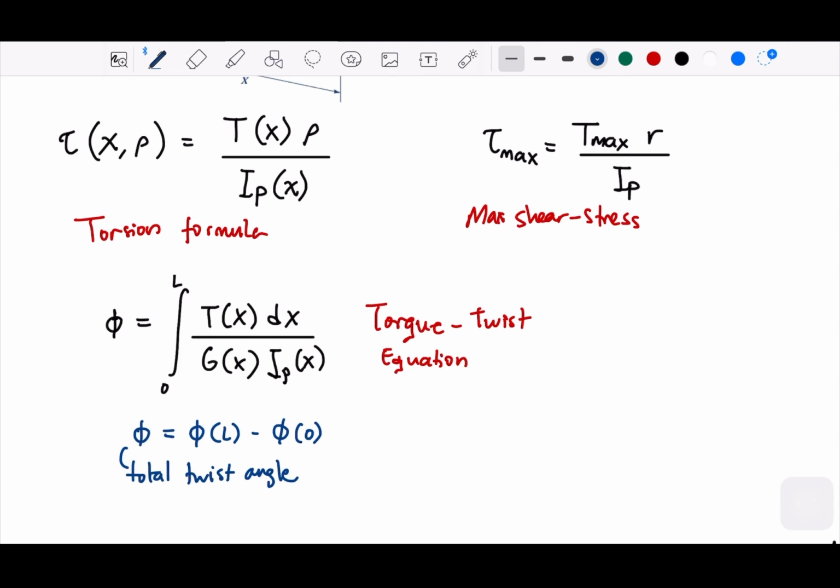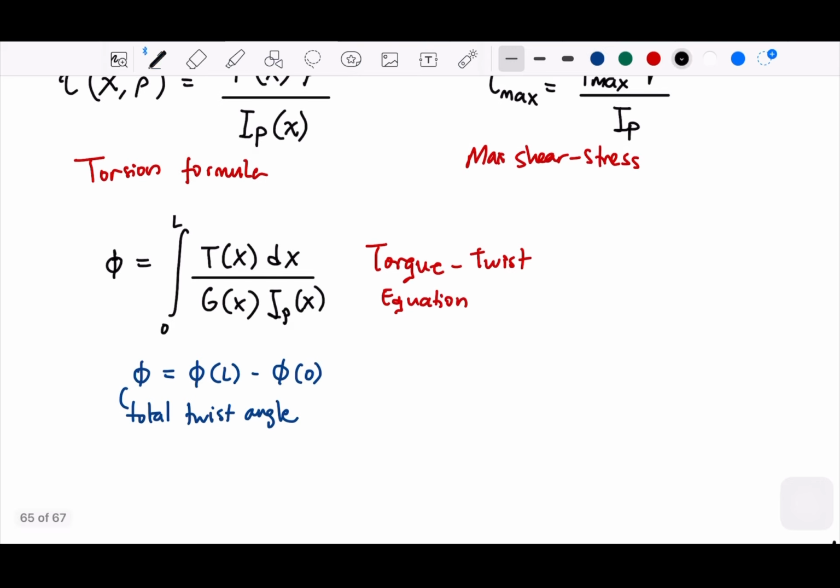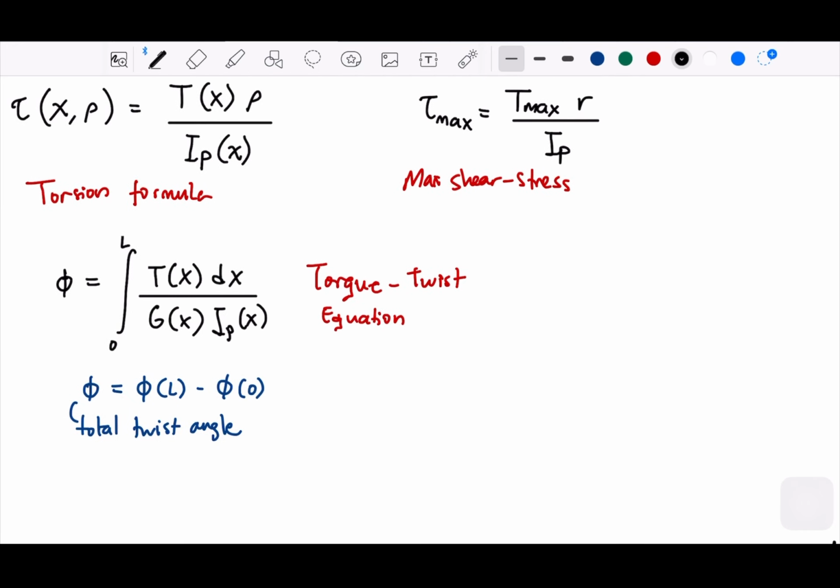And if we want to take another approach, a function in between L and 0, if you remember, we can take a dummy variable and write it with a function of x.